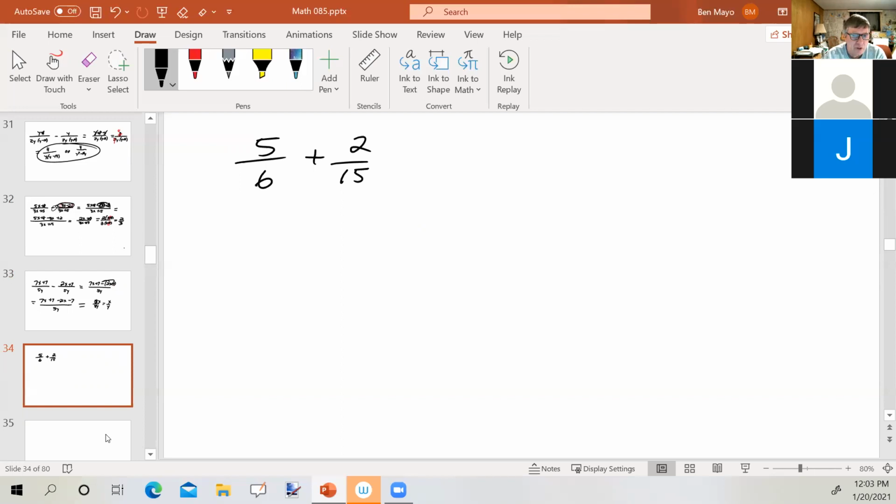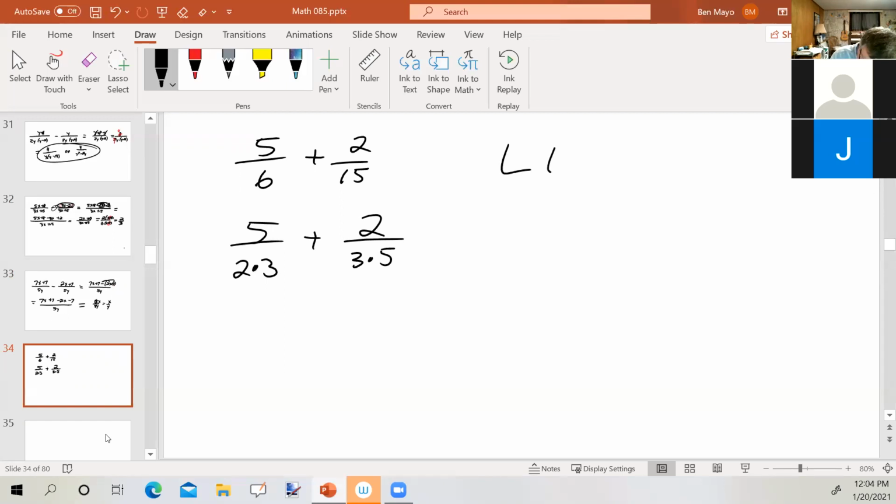But in algebra, which is where we're headed shortly, you want the least common denominator, not just any common denominator. So what we're going to do, we're going to take each denominator and break it down into its prime factors. So 6 becomes 2 times 3, 15 becomes 3 times 5.